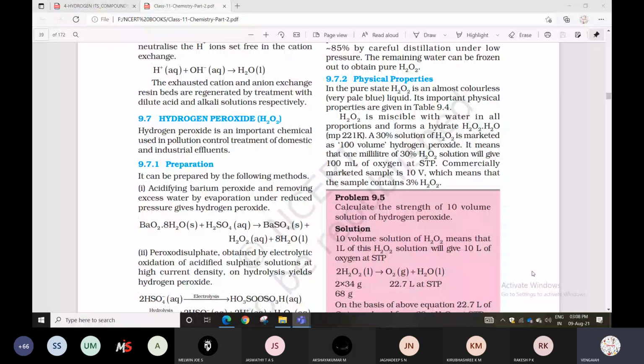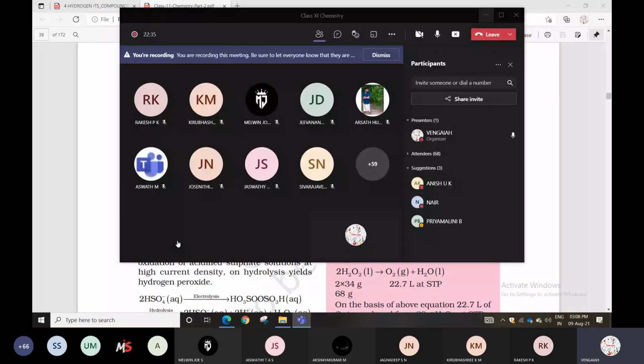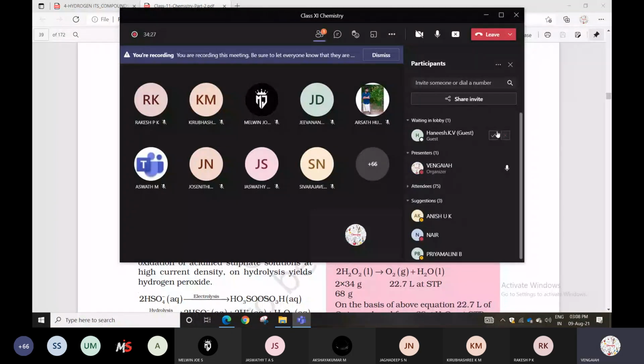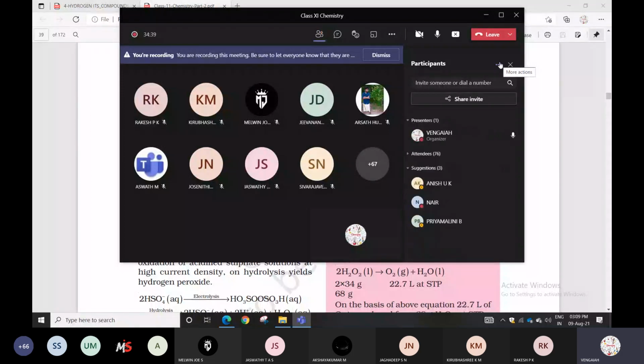In the superoxide condition it is -1/2, and in the oxide condition it is -2. So oxides have variable oxidation states: -2, -1/2, -1. The -1 is given in the peroxide condition. For BaO2, you can calculate the oxidation state: it is -1.